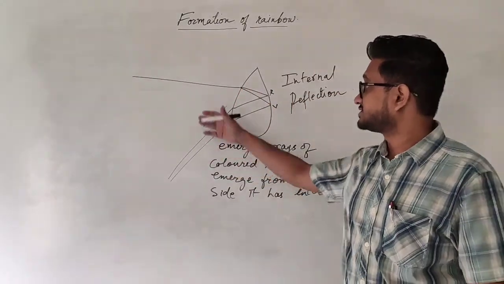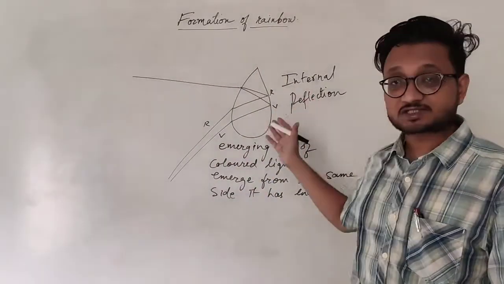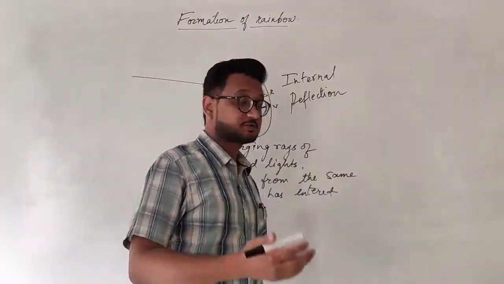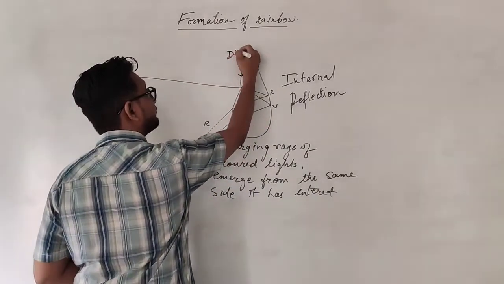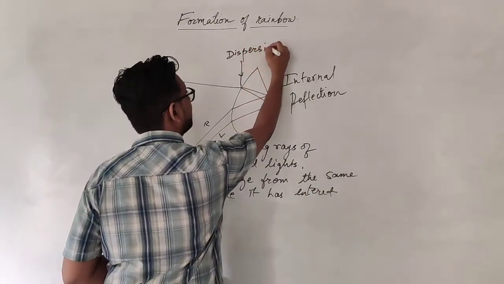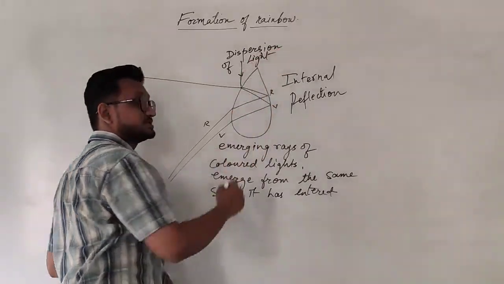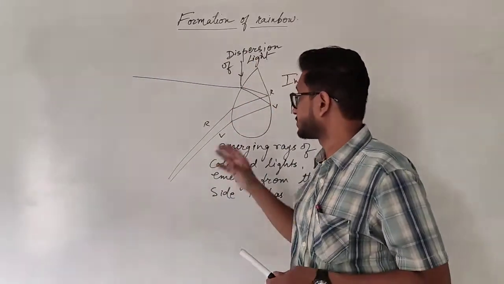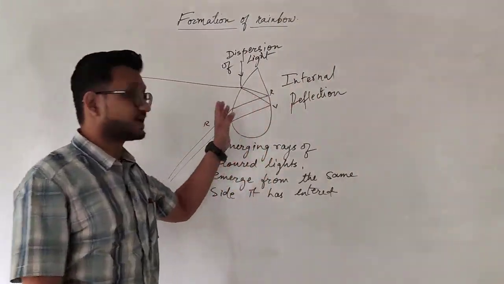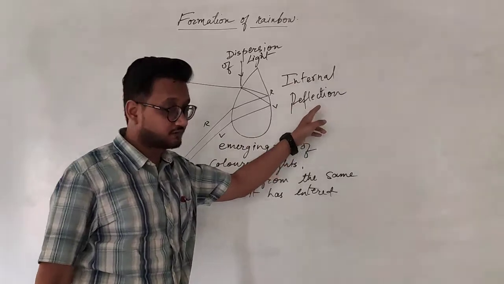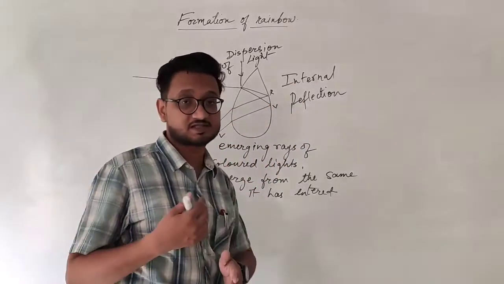Okay, you will have to mention that the white light enters the water droplet, dispersion of light takes place as soon as it enters the water droplet, and all the colors are reflected back from the other side due to internal reflection of the water droplet, and then it emerges from the same side from where it has entered.